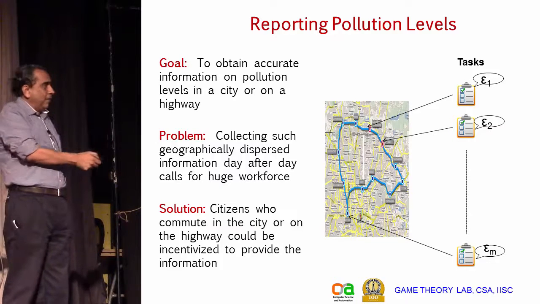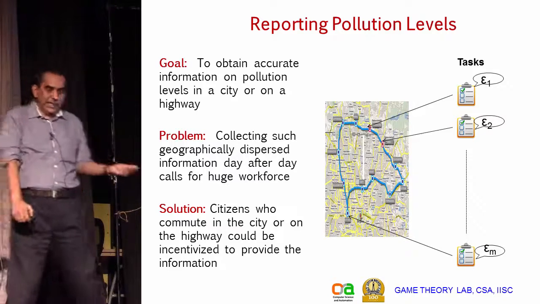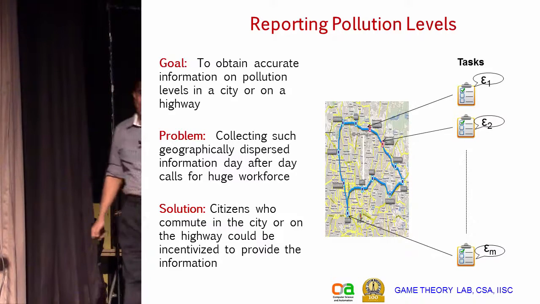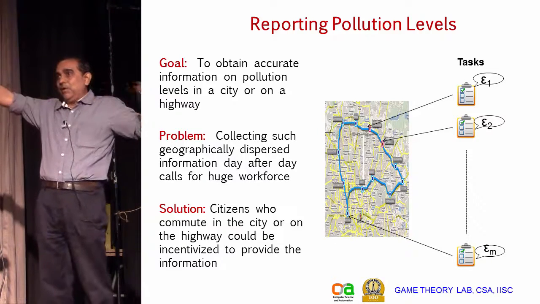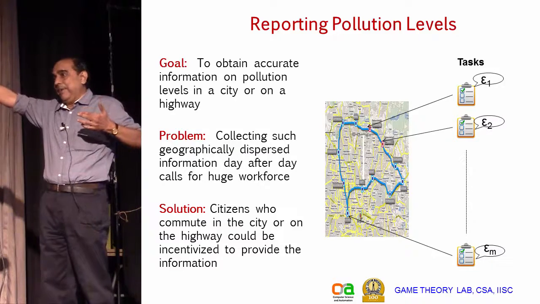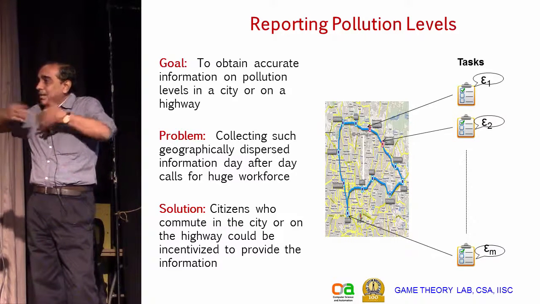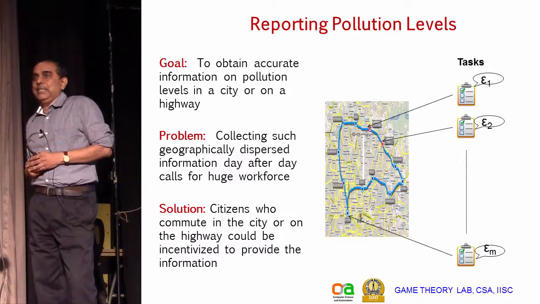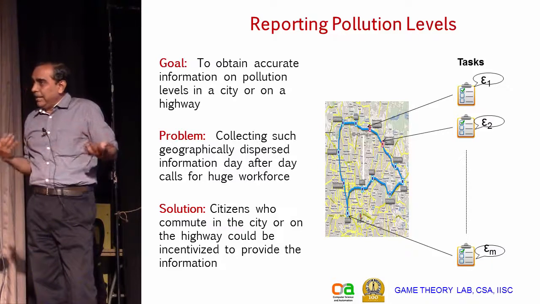So here is a diagram which will tell you that along a highway, so if there is an office goer who starts from home every day and uses a vehicle and goes to the office, and then while going to the office he goes through a couple of highways, then you would see that these various intermediate streets that are traversed by this particular person, the pollution levels can be monitored automatically and then reported.